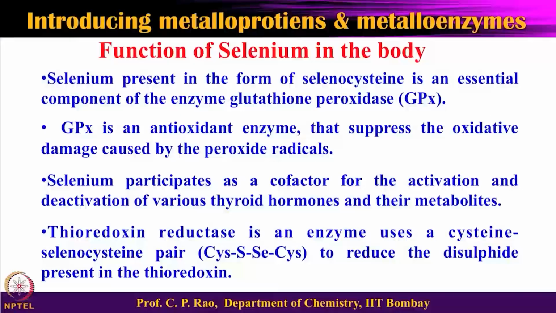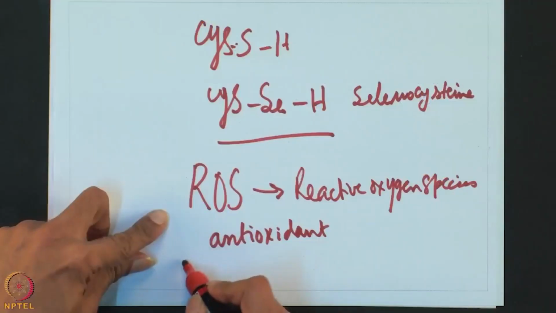Okay, so in all these cases, selenocysteine is a cofactor for the activation and deactivation of a number of thyroid hormones and some of their metabolites, etc. Another aspect you will find in the sequence of these selenocysteine things is thioredoxin reductase. Thioredoxin reductase is an enzyme which uses a cysteine selenocysteine pair.